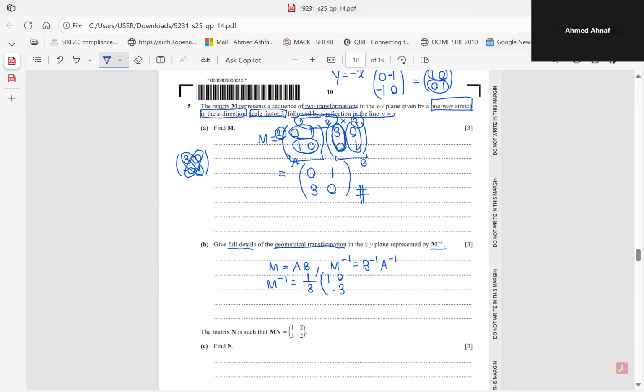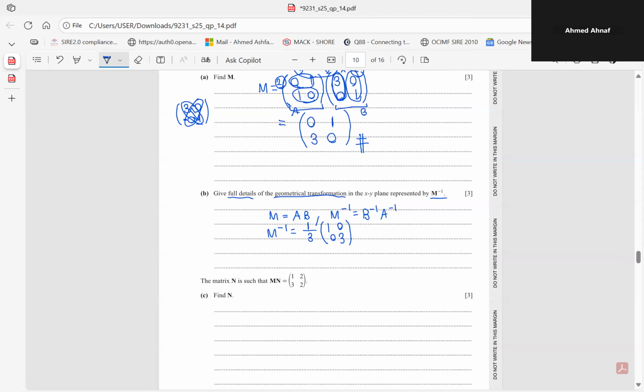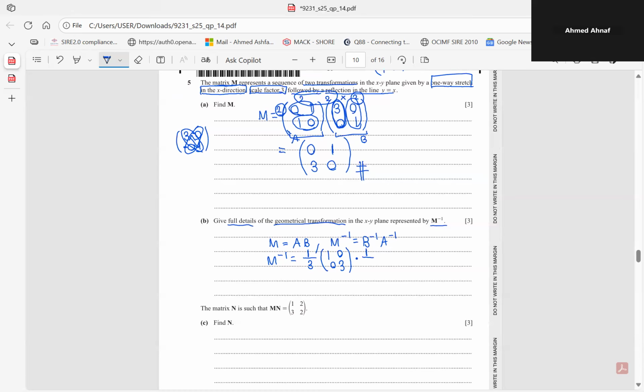So this is 0, 0. And then this is times A inverse. So A inverse is also the same. You divide 1 by the determinant of A. A is just 1, 0, 0, 1.